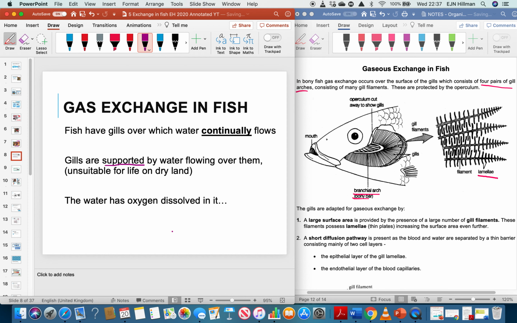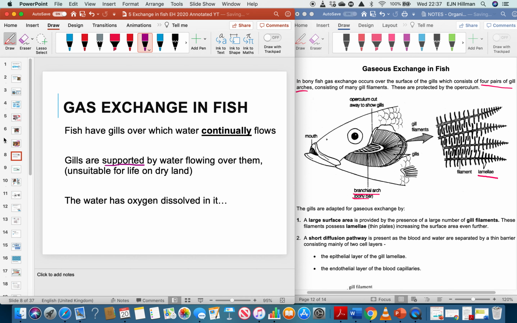Okay, so the reason a fish will suffocate out of water is because their gill filaments and their lamellae stick together. And when they stick together, that decreases the surface area, and therefore they're unable to do efficient gas exchange, or unable to diffuse oxygen from the air and move carbon dioxide from the blood into the air.